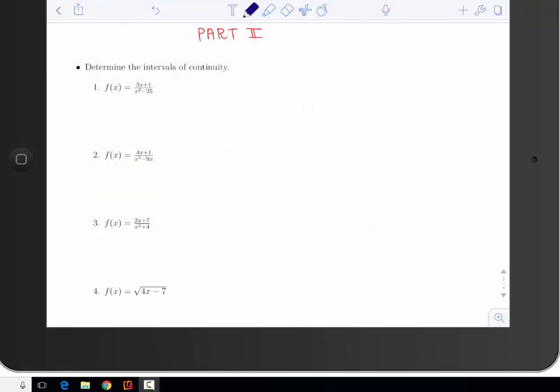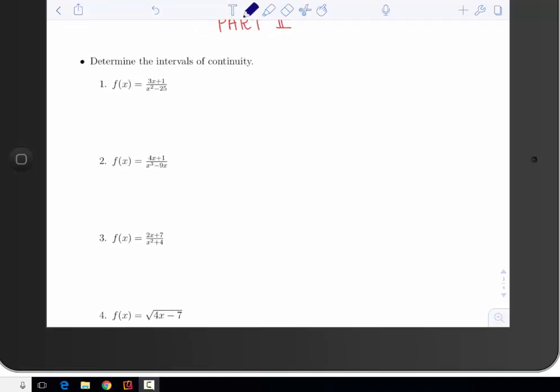The first problem says I have a function f of x is equal to 3x plus 1 over x squared minus 25. So this is a rational function where the only issue that we might have is in the denominator. So to find the domain, we'll say x squared minus 25 cannot be equal to 0. So that means x is not equal to plus or minus 5. So if you were to graph the domain, you would exclude these two values, right?